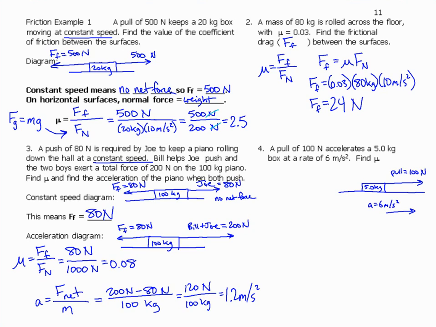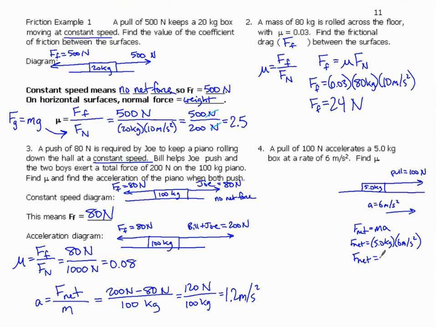So now, the only thing we have to do is solve for the net force. The net force is the mass of the object times acceleration. So the net force, we have 5 kilograms accelerating at 6 meters per second squared.